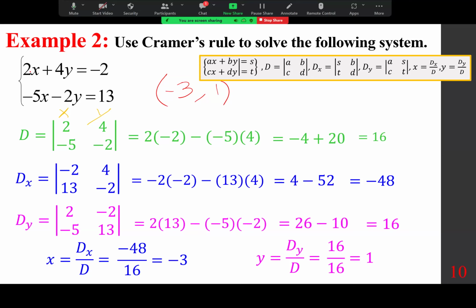So for example, 2 times negative 3 is negative 6. 4 times 1 is 4. Negative 6 and 4, they add up to negative 2. Negative 5 times negative 3 is positive 15. Minus 2 times 1 is minus 2. Positive 15 minus 2 is 13. So check your work afterwards.